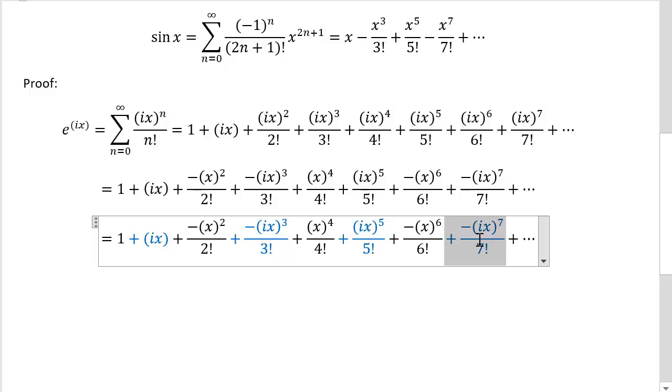If you're already seeing it, the terms with the i seem to be the terms with the odd powers, and the terms without the i's seem to be the terms with the even powers.